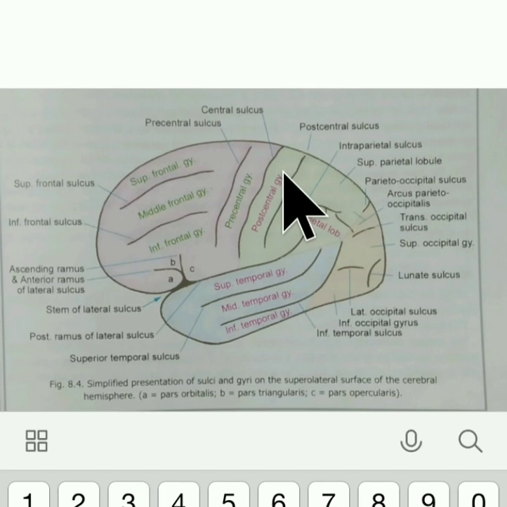The rest of the parietal lobe is divided into the superior parietal lobule and inferior parietal lobule by the intraparietal sulcus. So the parietal lobe consists of the postcentral gyrus, superior parietal lobule, and inferior parietal lobule, divided by the intraparietal sulcus.